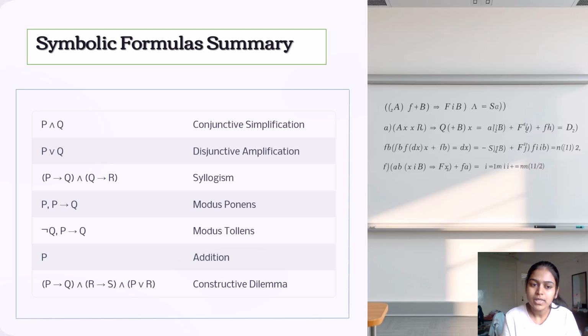Next one is P, P implies Q, known as modus ponens, and negation of Q, P implies Q, known as modus tollens. P is also known as one rule, that is addition. And the last one is P implies Q, R implies S, P or R, known as constructive dilemma. In the next slide we will see the formulas with their explanations.